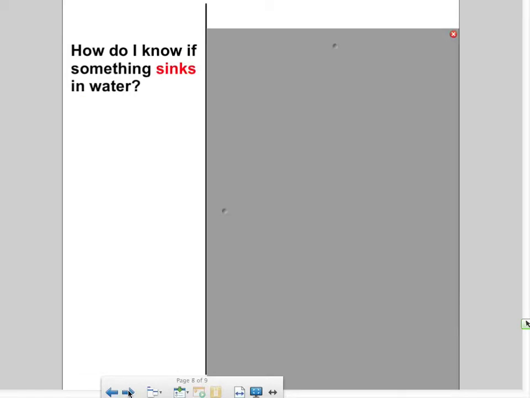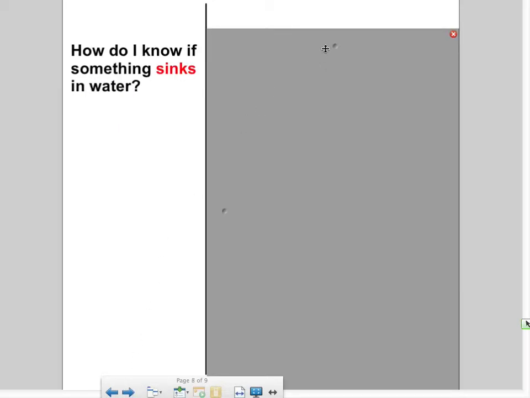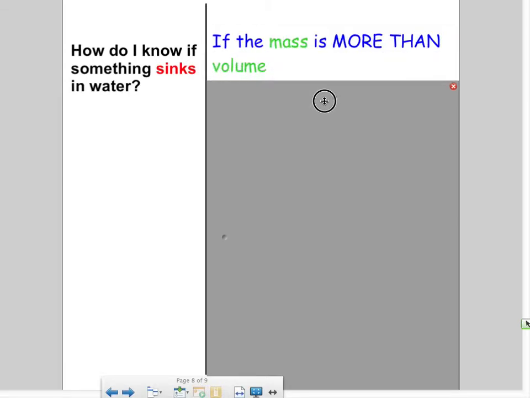Now, if something sinks in water, you already know that if something floats in water, the mass is less than the volume. If the mass is more than the volume, then it will sink.